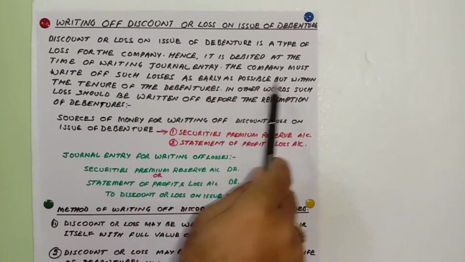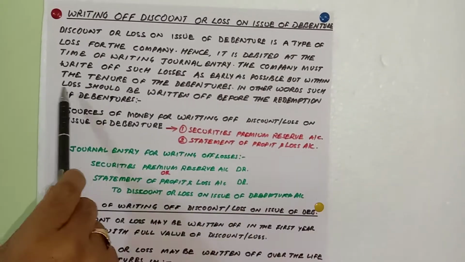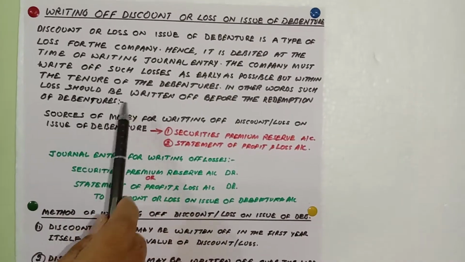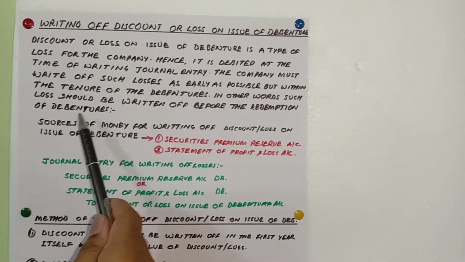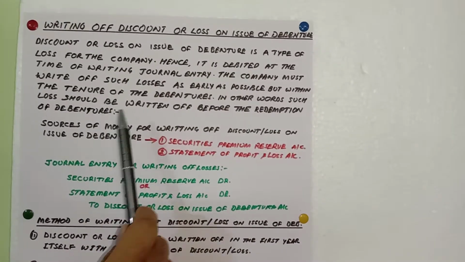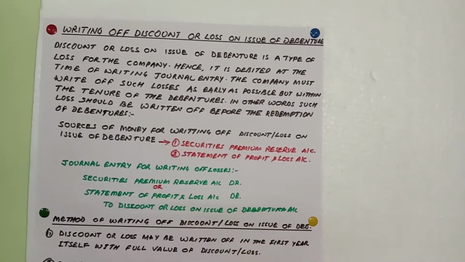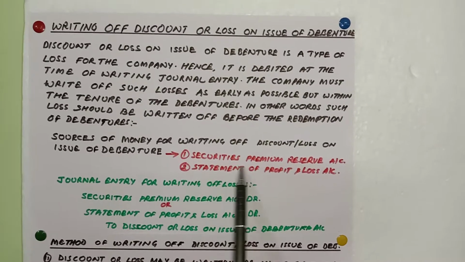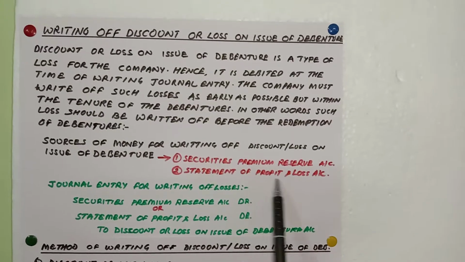That means such losses should be written off before the redemption of the debenture, before the expiry date. As I said, there are two sources: securities premium reserve account and statement of profit and loss, that means the profit and loss account.